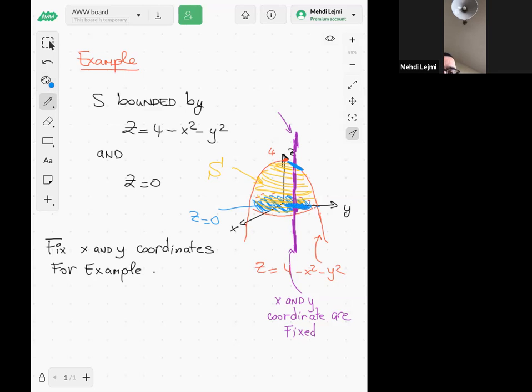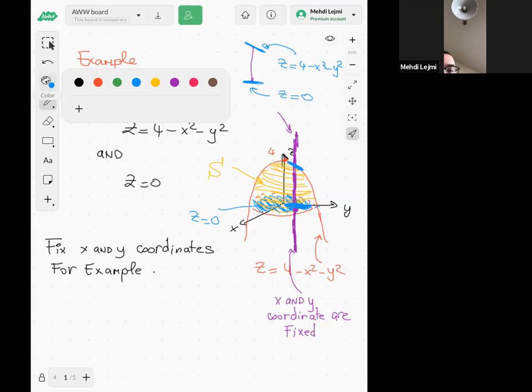So at the top, it's bounded by the paraboloid, which is z equals 4 minus x squared minus y squared. And at the bottom, it's bounded by the xy plane, where z is equal to 0. So your height z is bounded between z equals 0 and z equals 4 minus x squared minus y squared.